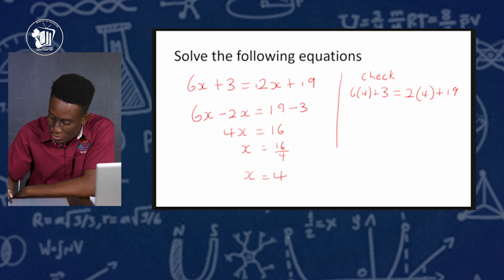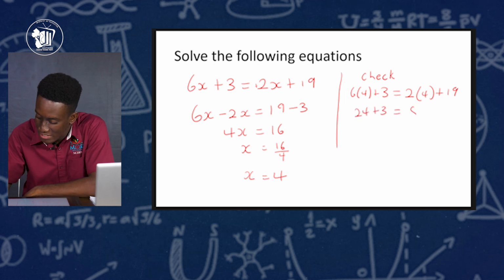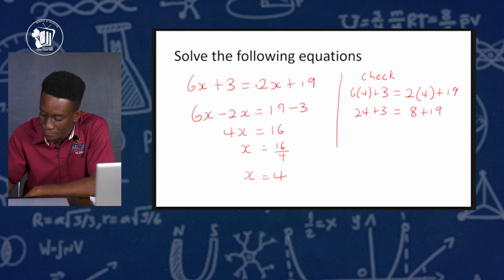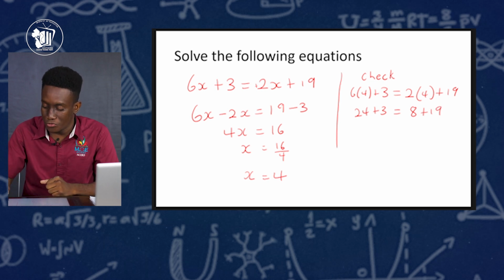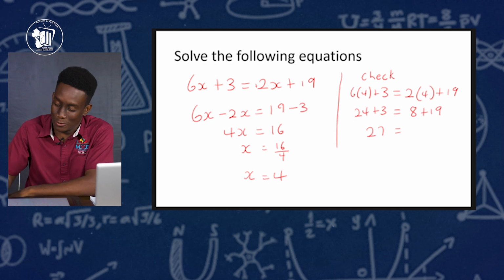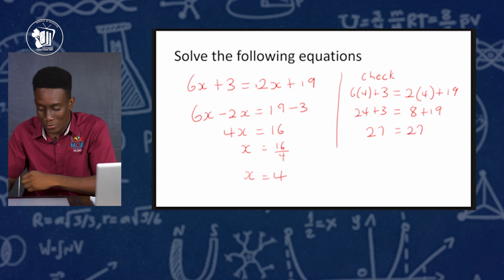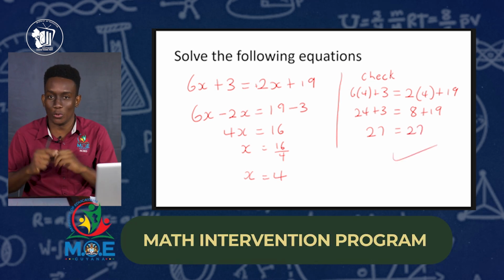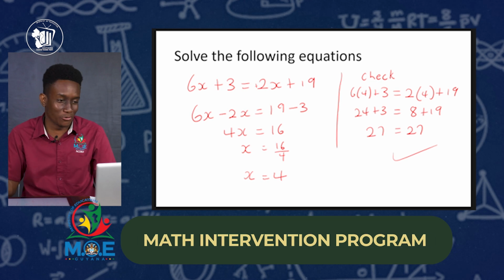So 6 4s is 24 plus 3 is equal to 2 4s is 8 plus 19. So 24 plus 3 would give us 27, and that is equal to 8 plus 19, which would give us 27 as well. So it's balanced, it's checked, so we know what we did is absolutely correct.